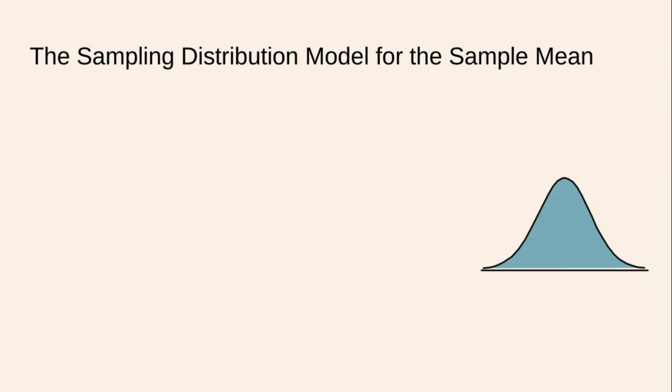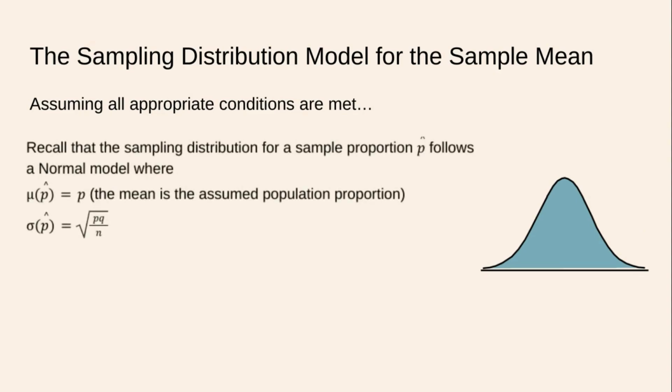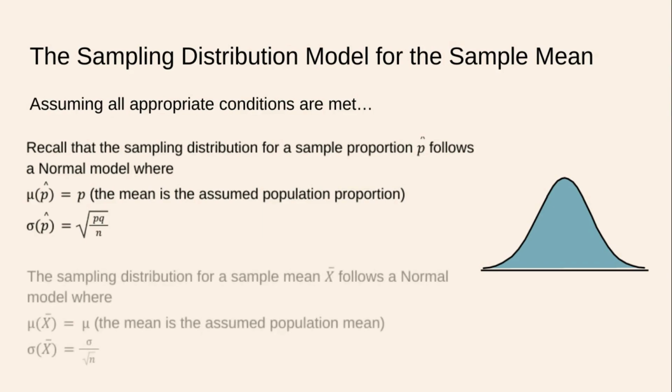So, we're going to now compare the sampling distribution for the sample mean with the other sampling distribution that we talked about, namely for the sample proportion. Assuming all appropriate conditions are met, recall that the sampling distribution for sample proportion, that's p hat, follows a normal model where the center of the bell curve is at the assumed population proportion, and the standard deviation would be that radical formula.